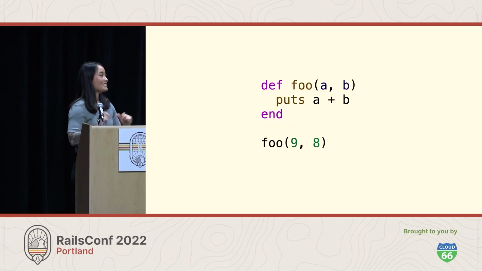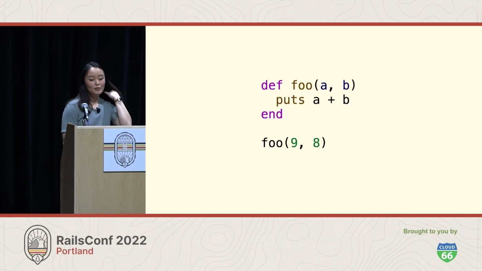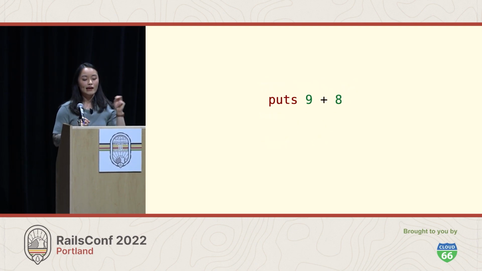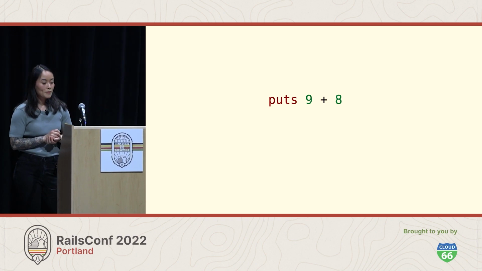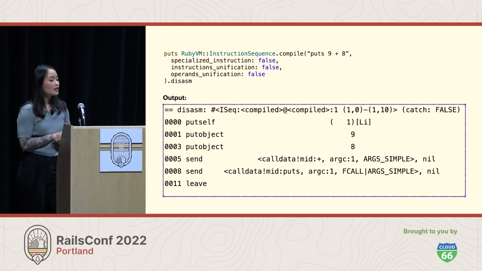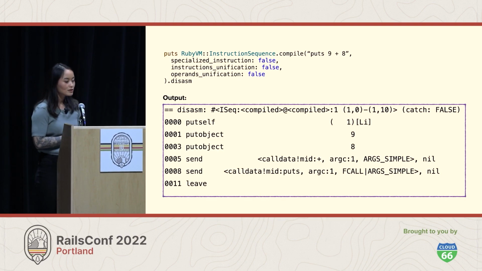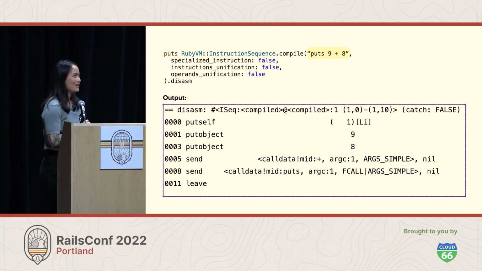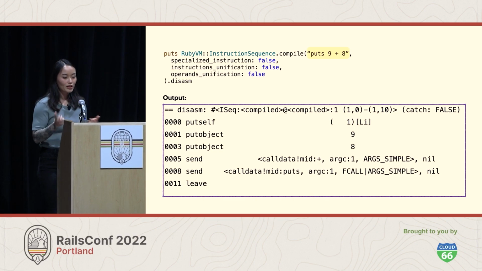All right, let's go back to our example. But just to keep it simple, let's use puts 9 plus 8 to introduce you to how YARV works. Here, we're just running the same code, using Ruby VM instruction sequence, the same library we used before, and we're gonna put puts 9 plus 8 as the source code, and then we're gonna disassemble it, and that's the output.